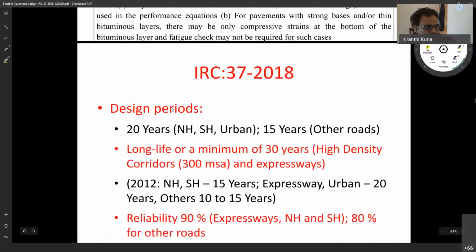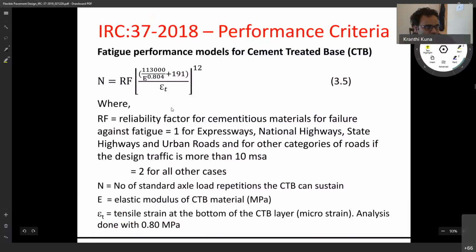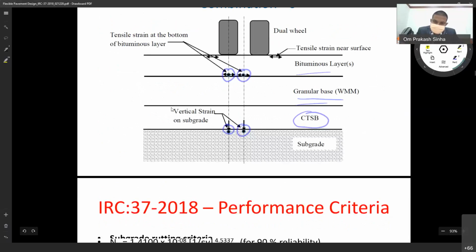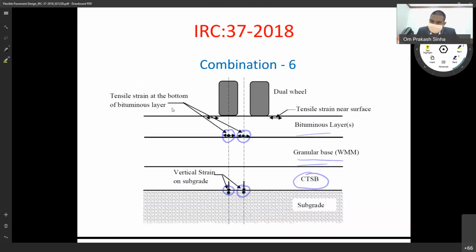Does the mastic asphalt layer of 25 mm affect the tensile strain at the bottom of the bound layer? Sorry, say that again. Sir, a 25 mm thickness of mastic asphalt layer on the surface, does it affect the tensile strain at the bottom of the bituminous layer? So that question is whether you want to consider mastic asphalt as a structural layer or not.